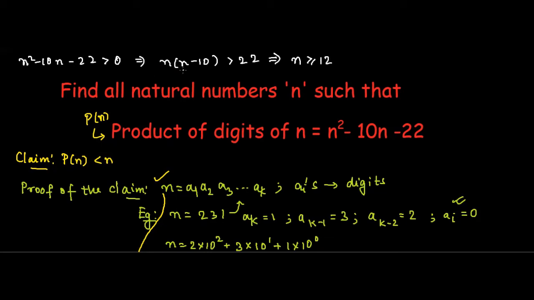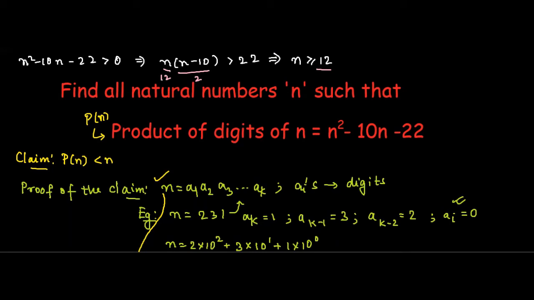If n is 11, then this n minus 10 will become 1. So we can say that it will become 11 times 1, that is 11. This will not be greater than 22. If n is equal to 12, then this expression will become 2 and n is 12.